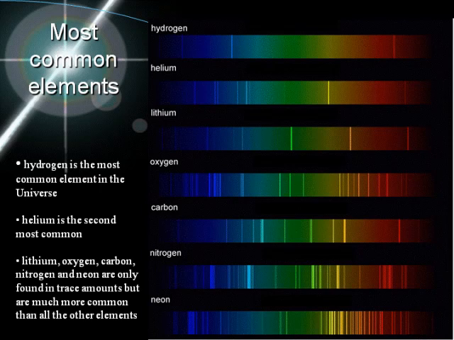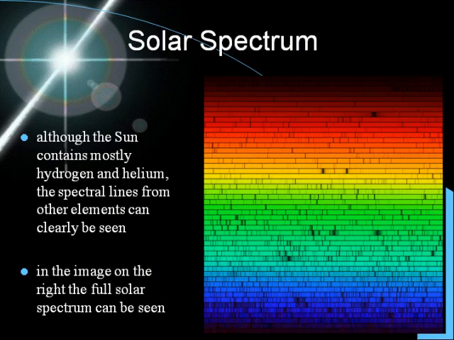Now, once again, looking at the sun has what we call an absorption spectrum. Here's a very complete solar spectrum where the light has been put through a diffraction grating and separated into its different colors, from red to orange to yellow to green to blue, and finally to violet.